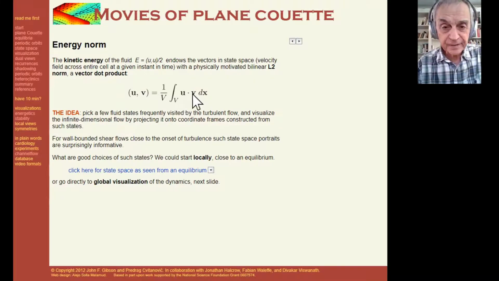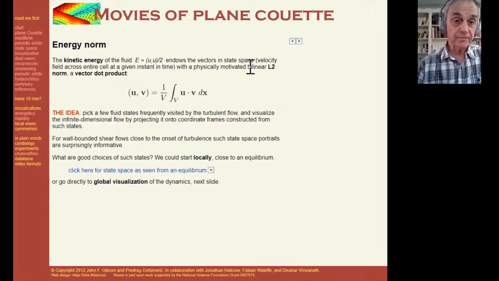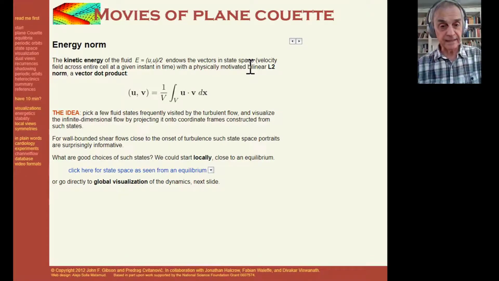And if you identify this velocity squared divided by 2, you get kinetic energy. So there is a natural way to produce a vector space with 62,000 directions, which has orthogonality built into it.